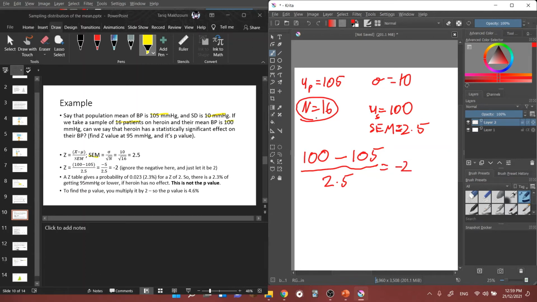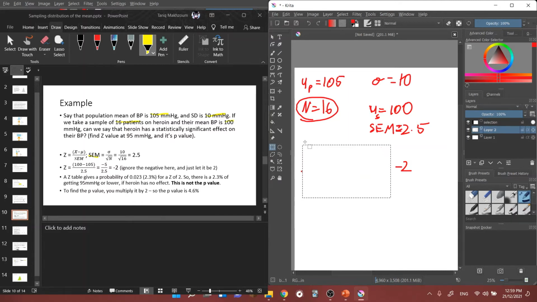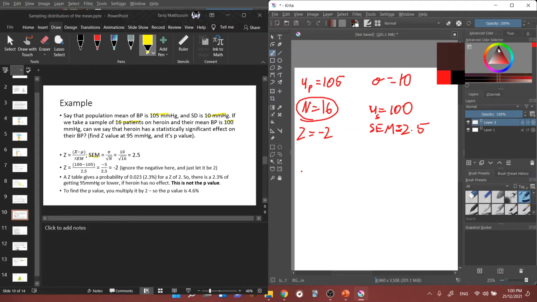Okay? So our z value is -2. Right? And for now, we're going to ignore the minus sign, but we'll get back to it in a bit.